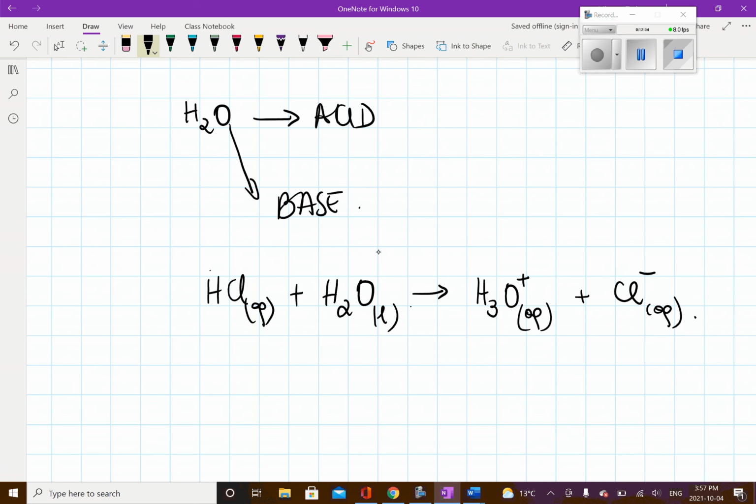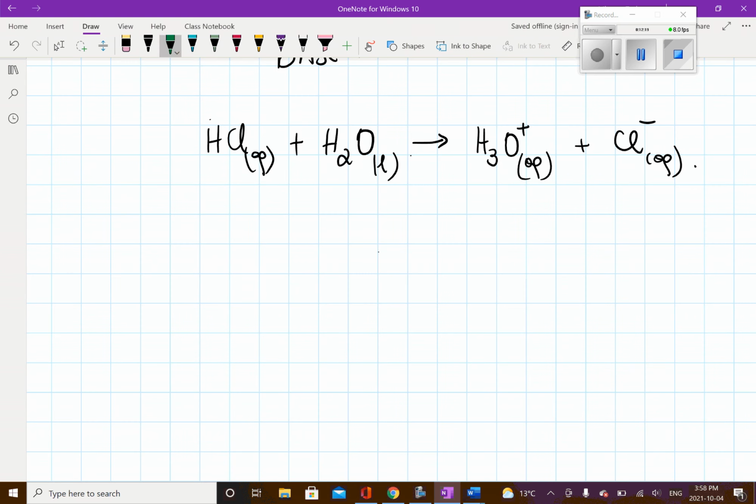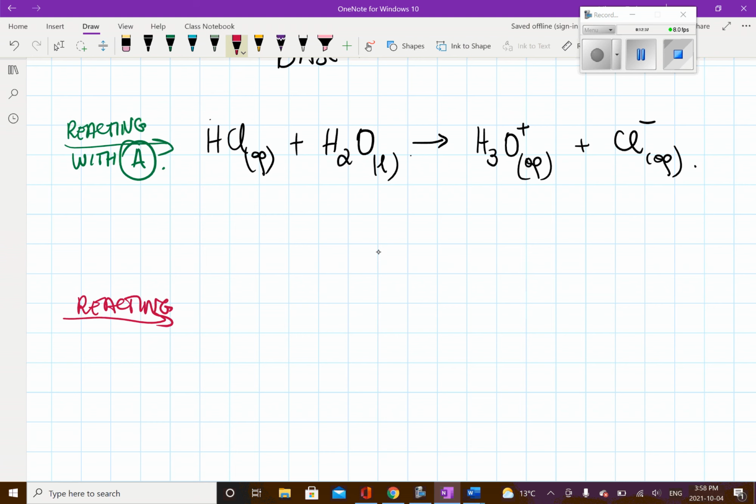And water acts as an acid when it is reacting with a base. So this one is water reacting with an acid, and this other one here will be water reacting with a base.